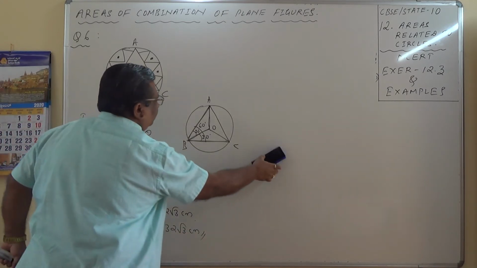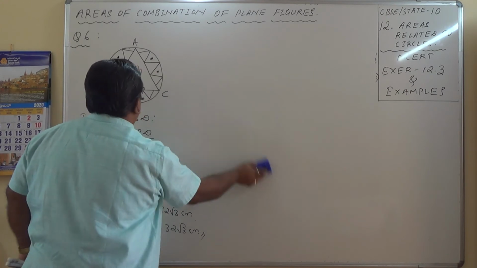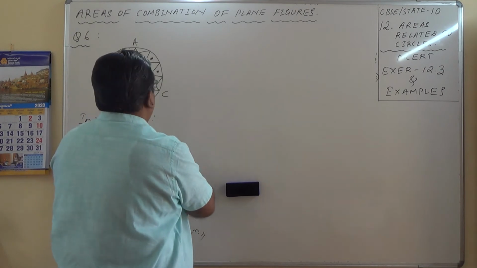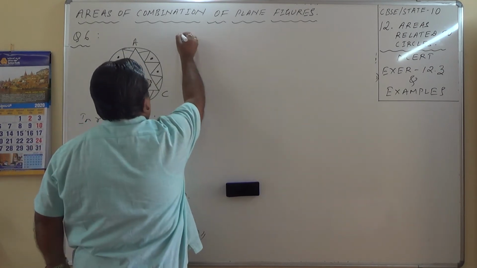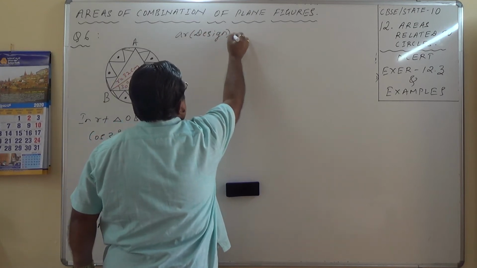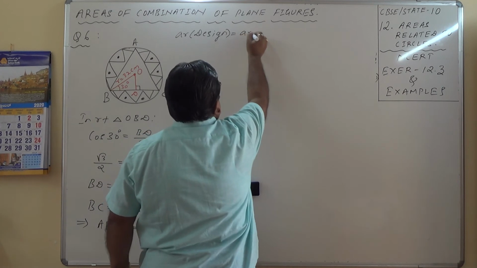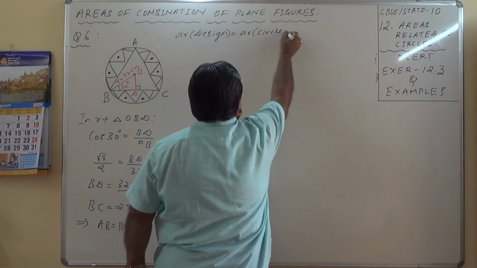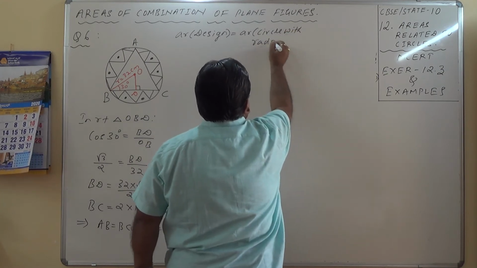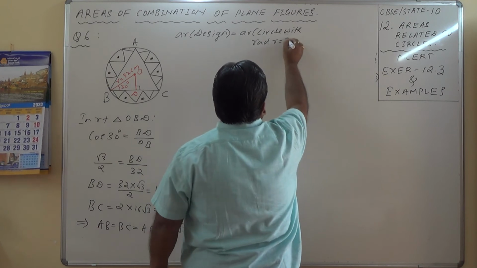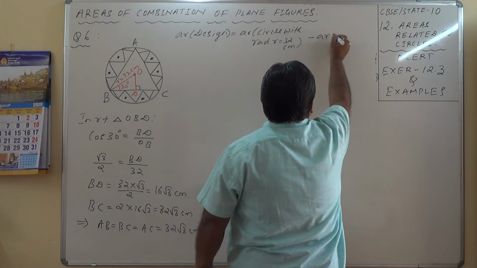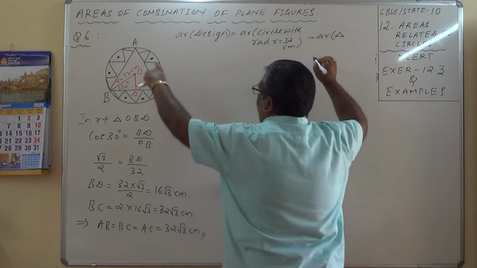Now, the area of the design is equal to the area of the circle with radius r equals 32 centimeter minus the area of equilateral triangle ABC.